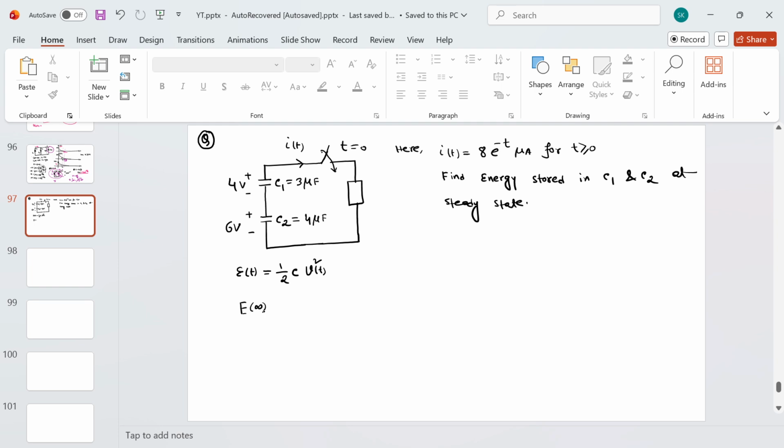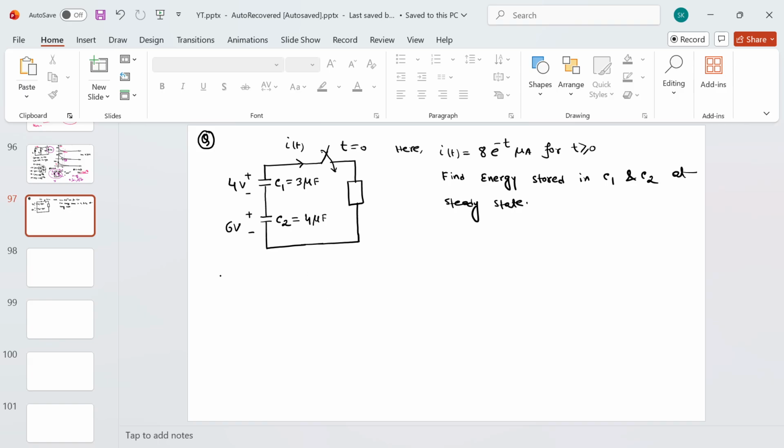So E infinity is half C V infinity squared, right? So if I know this V infinity, then it will be easy for me to comment on the energy stored in the two capacitors at steady state, or the energy that remains in capacitor C1 and C2.